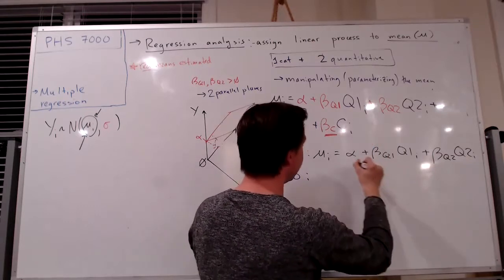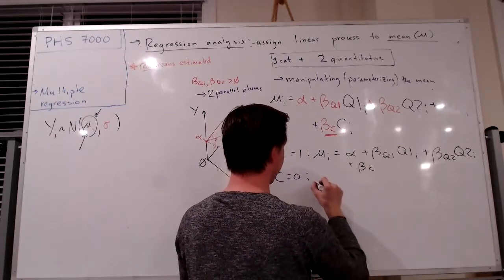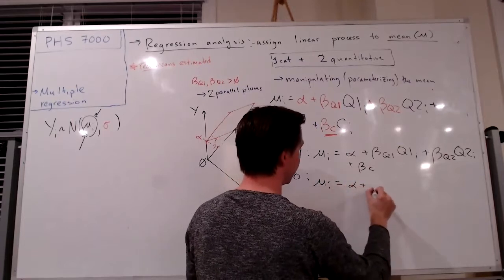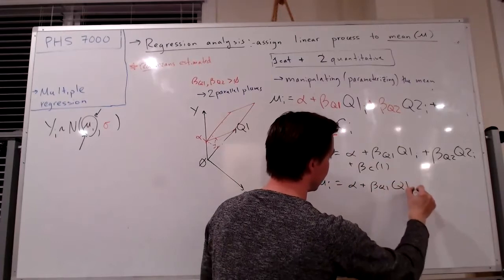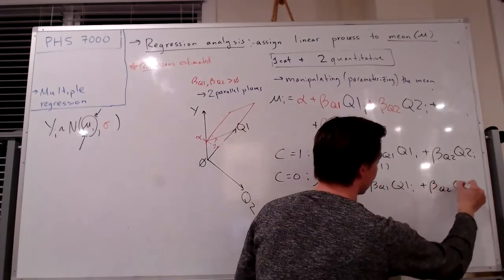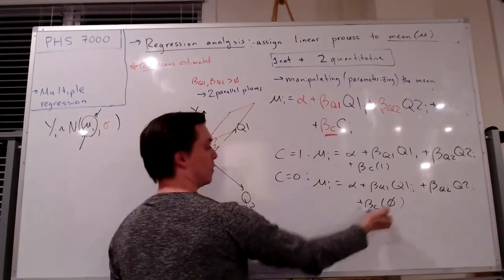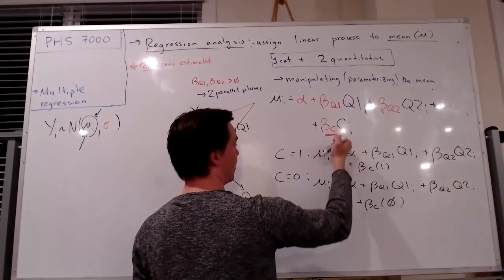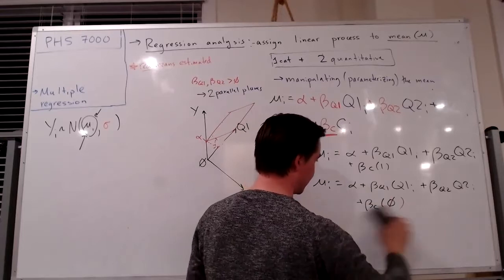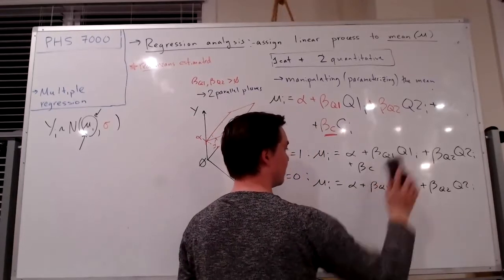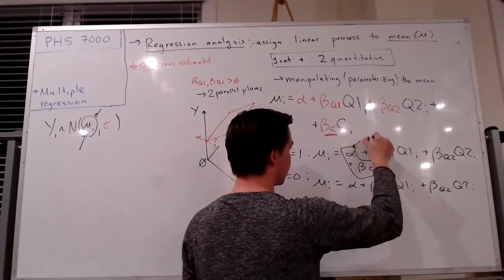If it's 1, I need to add beta C. If I fix my categorical variable at 0, it's alpha plus beta Q1 plus beta Q2 plus beta C times 0. Put 0 in for C, and this term disappears. This term just becomes beta C. Here is my new intercept.